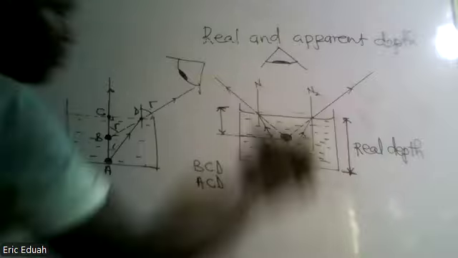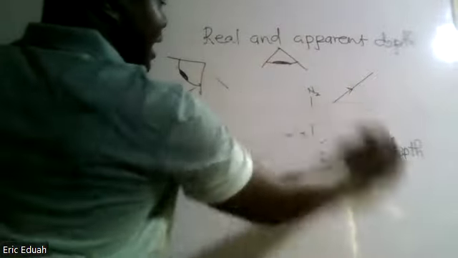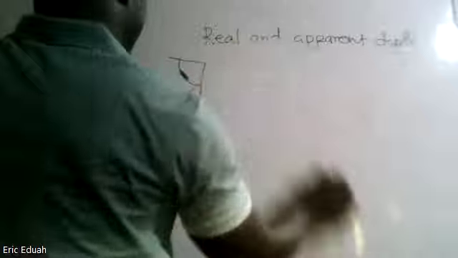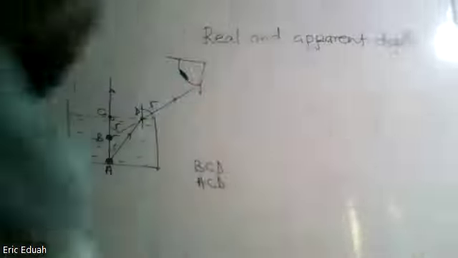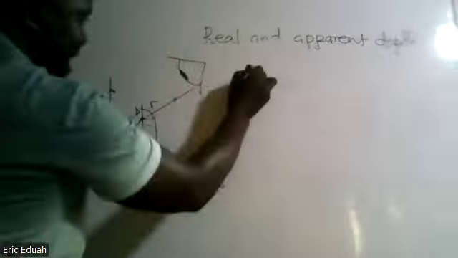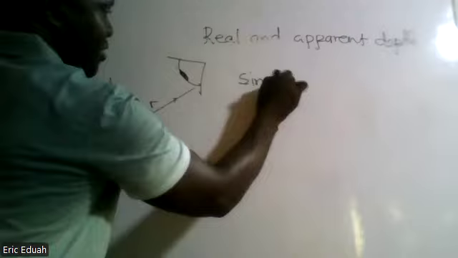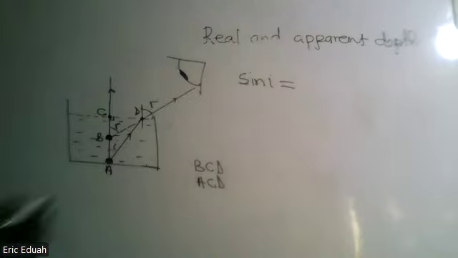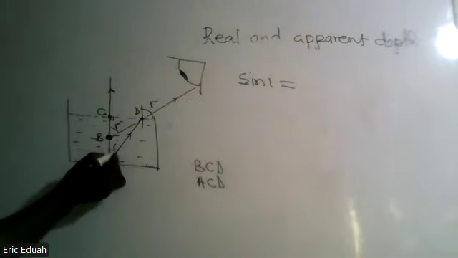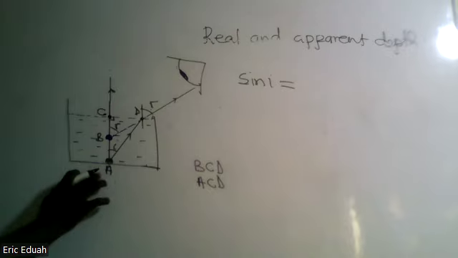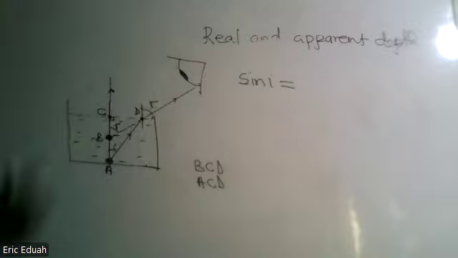Now, I want us to take the sine and cosine of what we have in there. If we take the sine of I, help me derive an expression for sine I. I has to do with triangle ACD.